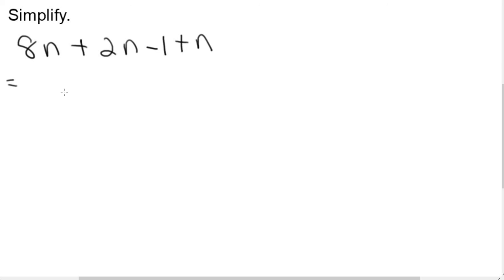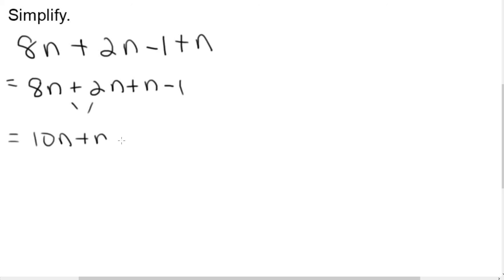Okay, so if you said 8n, let's just use the associative property and regroup these. By the associative property, we can regroup the terms of our expression without changing their value. So now if we regroup these, we have 8 plus 2, that's 10n.